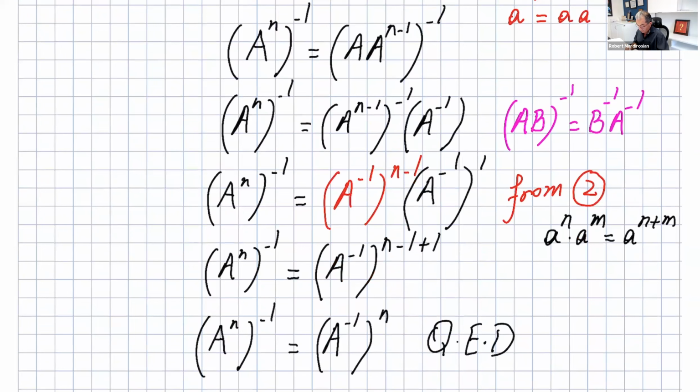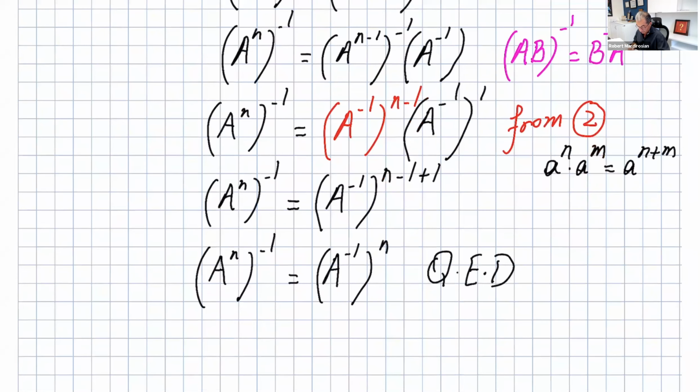Now once we have that, A inverse to the power of n minus 1 times A inverse to the power of 1. When you multiply, you add the exponents. So if we add the exponents here, we get A inverse to the power of n minus 1 plus 1, so you know the 1s cancel. So you get A to the power of n inverse equals A inverse to the power of n.